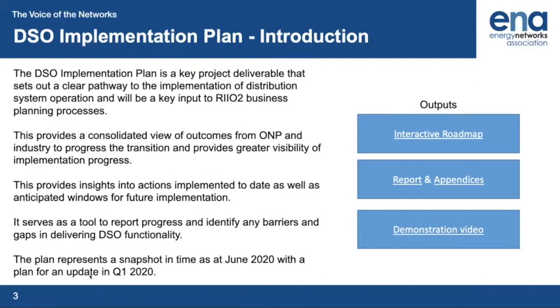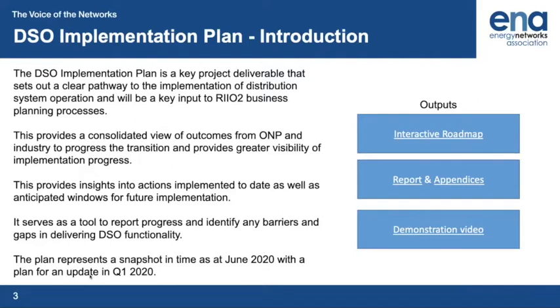implementation plan provides a consolidated view of the outcomes from Open Networks and industry to progress the transition from distribution network operators to entities that support the rollout of distribution system operation, and provides greater visibility of that implementation progress, which we know is really important to stakeholders.